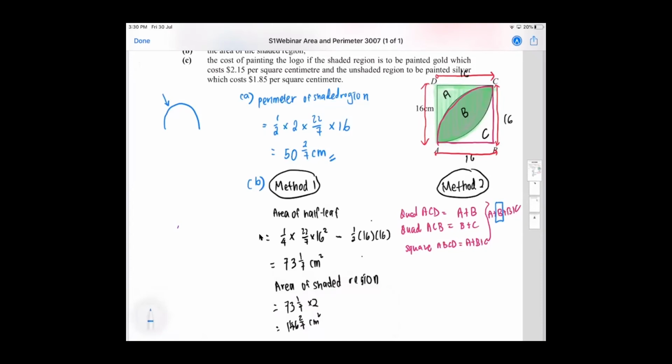When I take the sum of two quadrants, A plus B plus B plus C, then I subtract away A, subtract B, subtract C, then I will get B left. So this is another faster way. We take the two quadrants, one quadrant plus the other quadrant, in fact, they will form a semicircle.